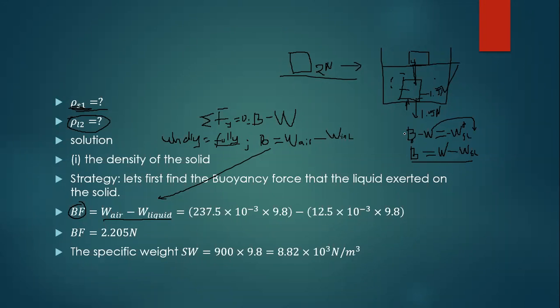Because buoyancy force will be less than the weight. So if we want to find buoyancy force, we take this weight to the other side, and it will now be the weight minus the weight of the solid in the liquid, and that is what we have written here.